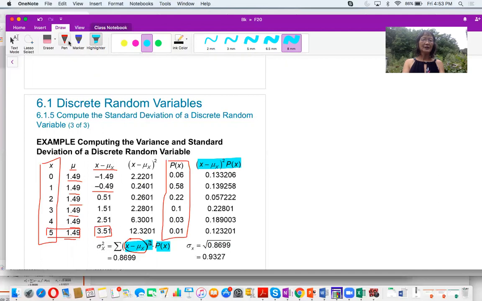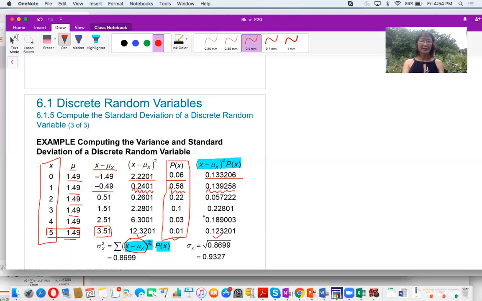So you use 2.2201 times 0.06, and you get 0.1332. And you use 0.2401 times 0.58, you get 0.139, etc. You keep on going until the last one, 12.32 times 0.01, you get 0.123.